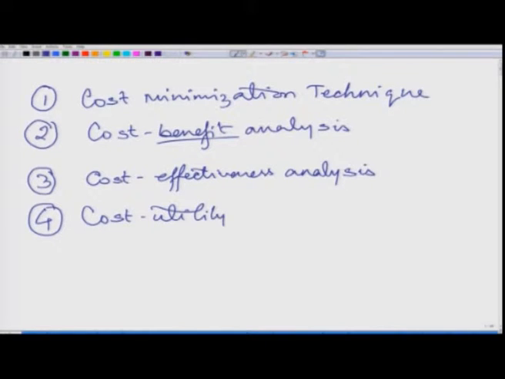In cost utility analysis, my effectiveness is measured in terms of utility, and then it is measured in terms of quality adjusted life years, and that is my utility, a kind of assumption based or abstract value of utility measurement when it is attached with health or the improvement in quality in terms of life years.